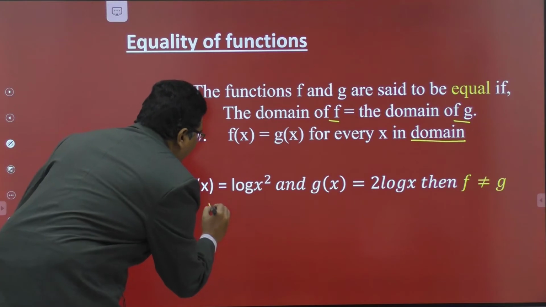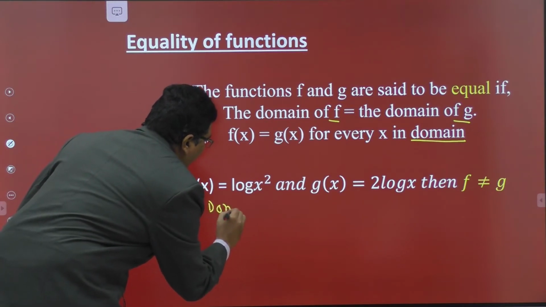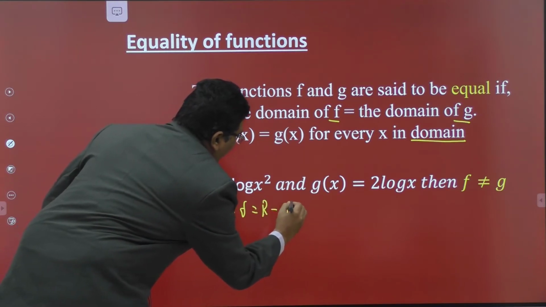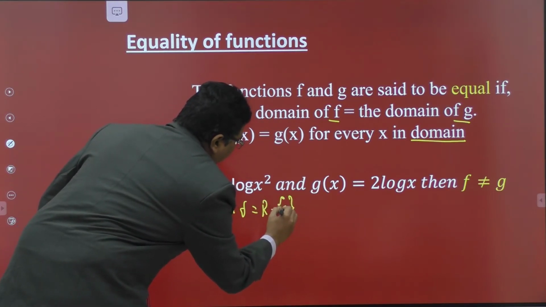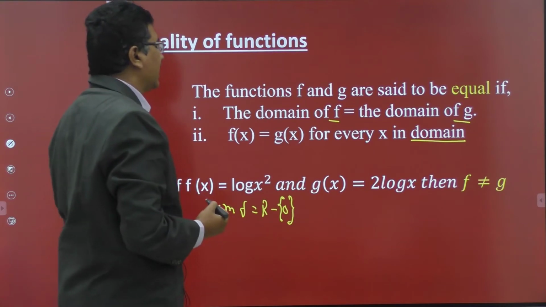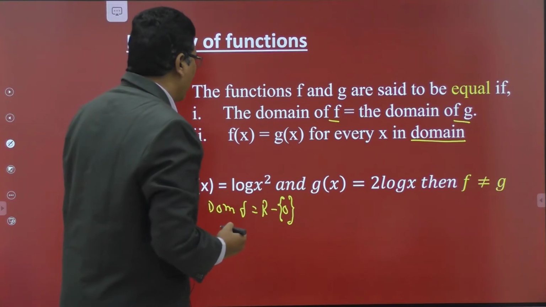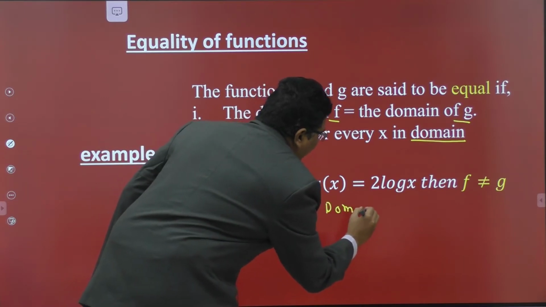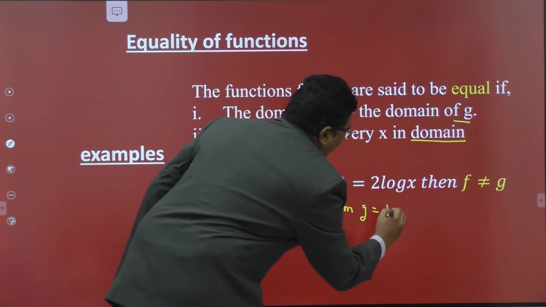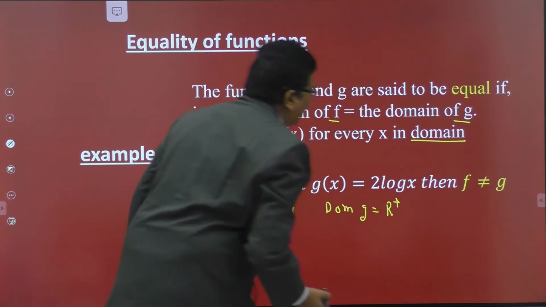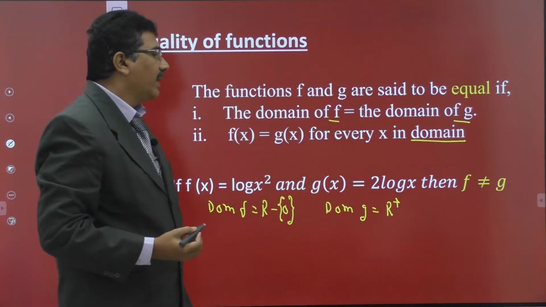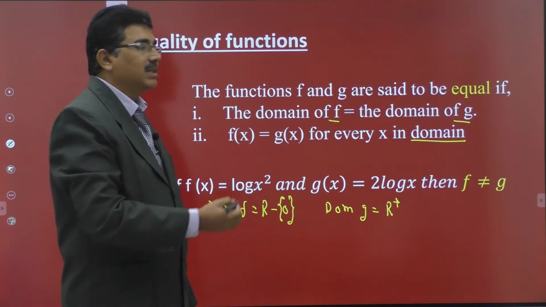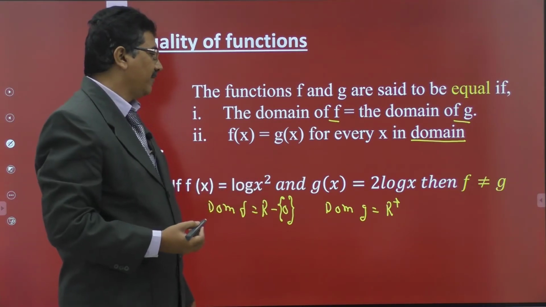The domain of f is R minus the singleton set 0. The domain of g is the set of all positive real numbers. So the domain of f is not equal to the domain of g, so f is not equal to g.